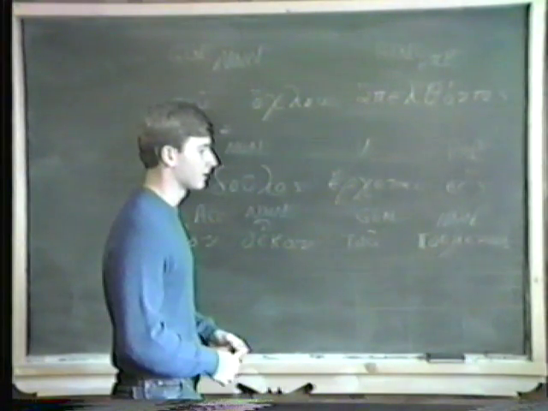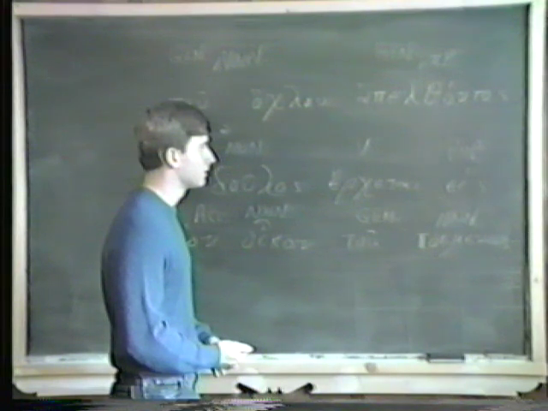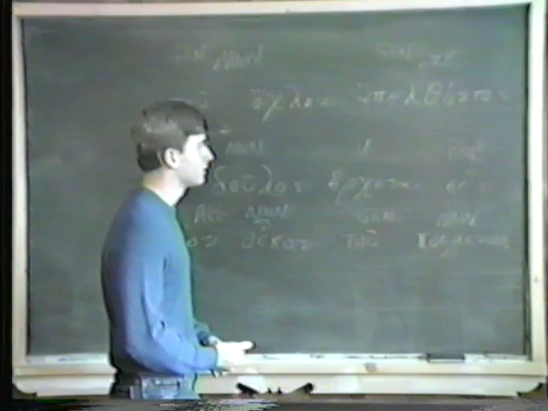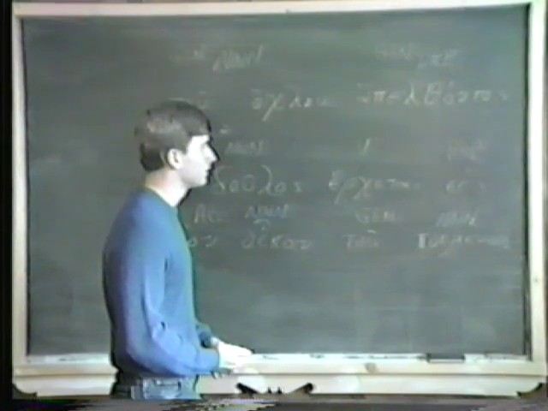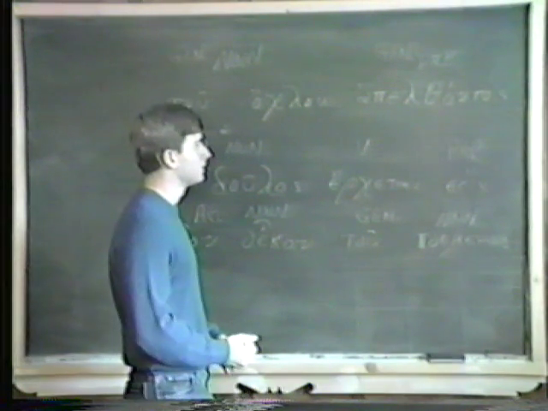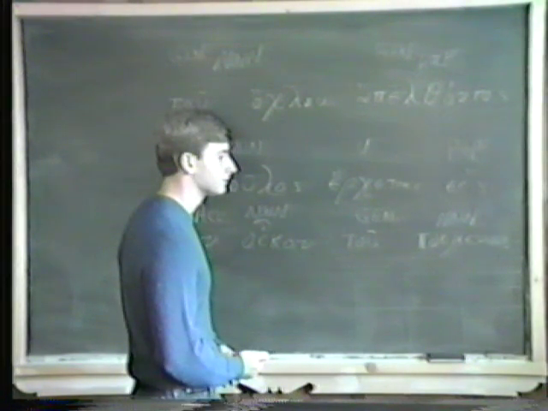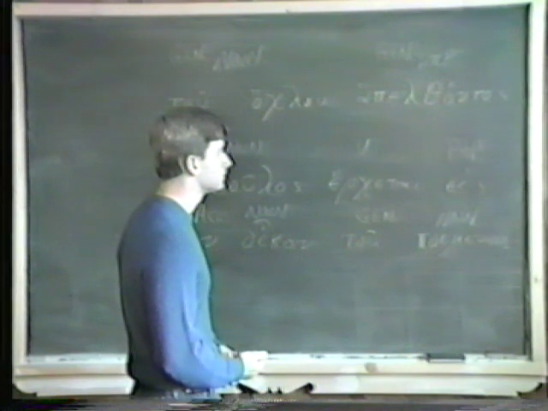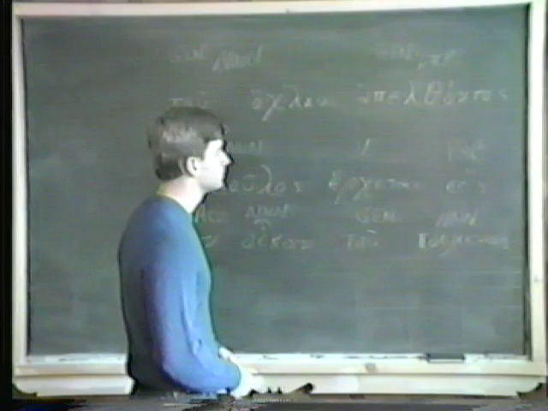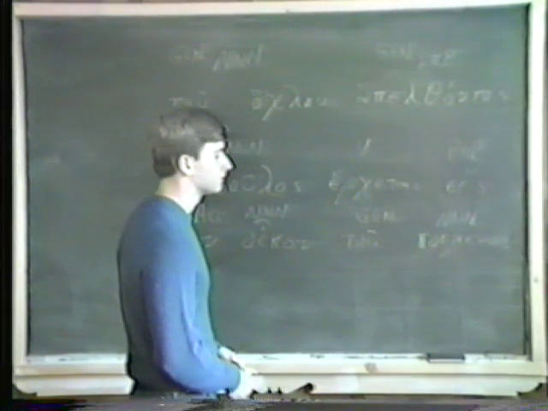Yeah, but it's a second aorist of erkomai. Second aorist of erkomai, and the active aorist of erkomai is elphone. But I've got op there, so I know it comes from op erkomai. Isn't that right?